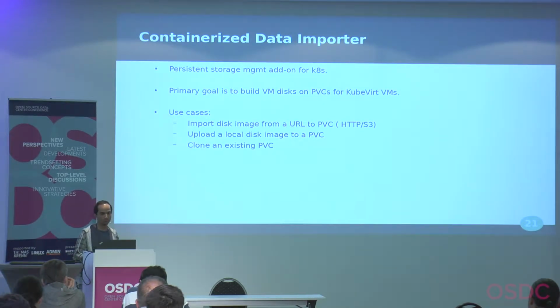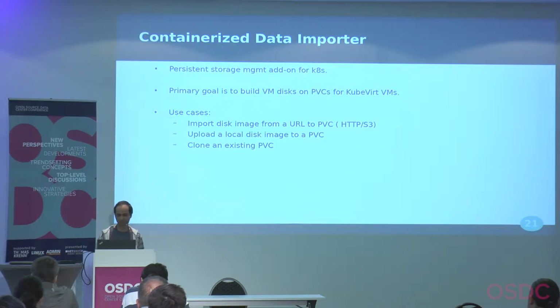CDI, just like KubeVirt, needs to be installed. We need to first apply the CDI operator manifest and then the CDI operator CR manifest. Once we do that, we'll have some CDI pods created under the CDI namespace.